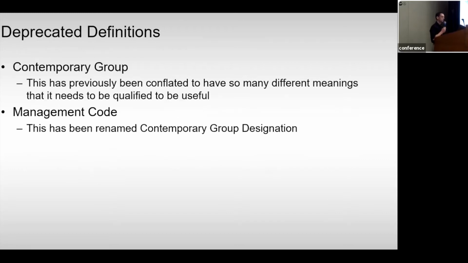So to use Mark's phraseology here, deprecated definitions would be contemporary group. And the problem is we went through the guidelines revision as we realized that contemporary group had really been conflated to mean a lot of different things. And so contemporary group had been used to describe what we call contemporaries, so animals that were indeed managed the same way, but then contemporary group was also used as the effect that was actually fitted in the genetic evaluation.